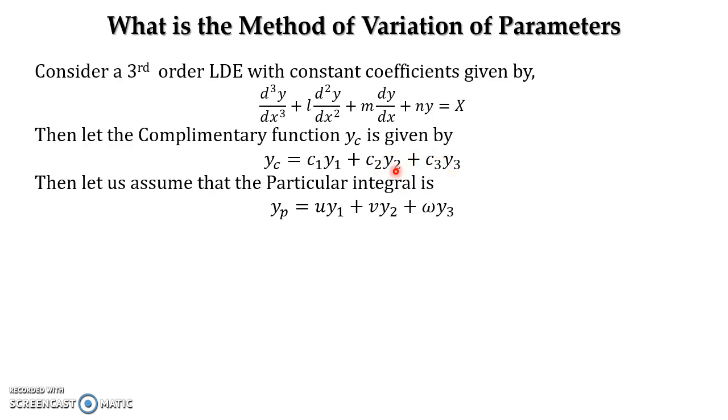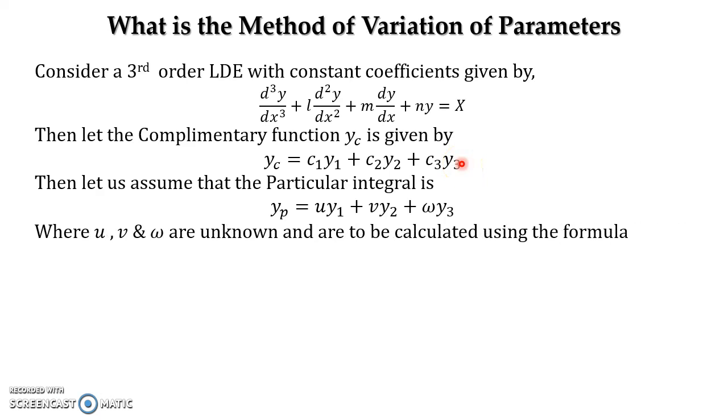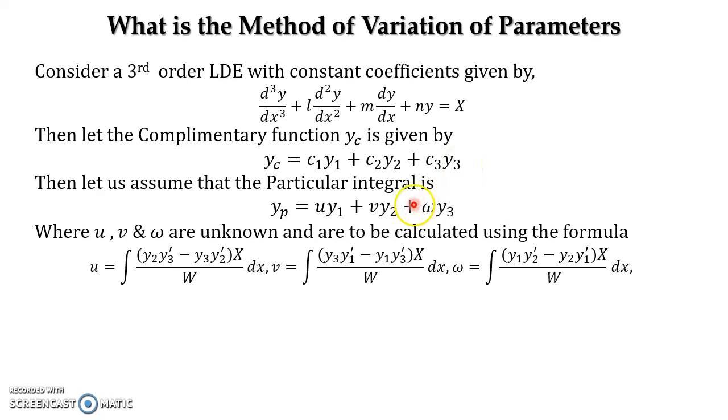Then again we assume yp to be this particular expression, that is u times y1 plus v times y2 plus omega times y3. So what is the difference between this and the previous method? Here we have one extra variable, that is y3. So let us look at the values of the unknowns u, v and omega, which are given by these formulas.